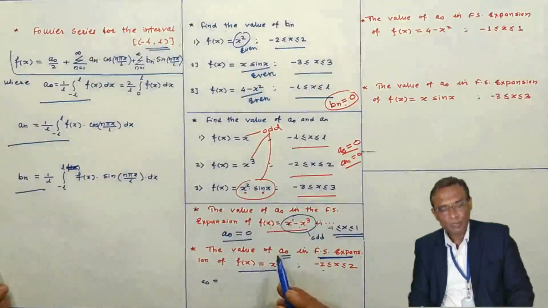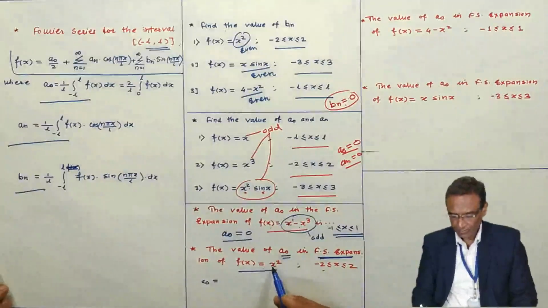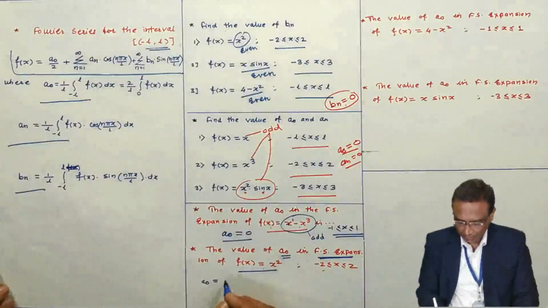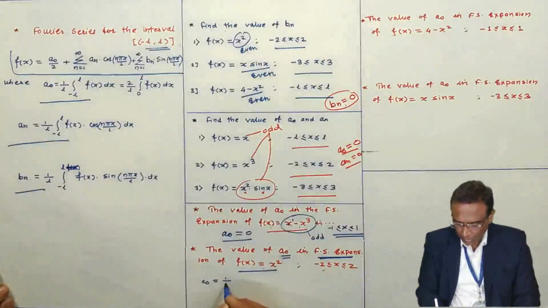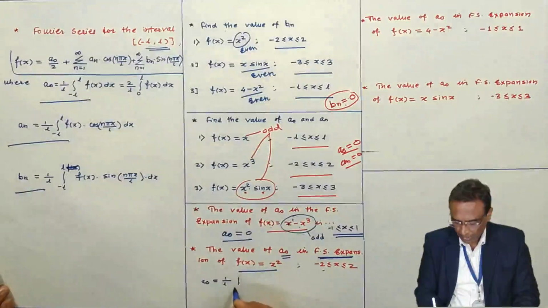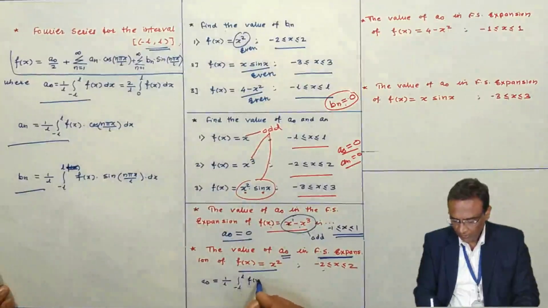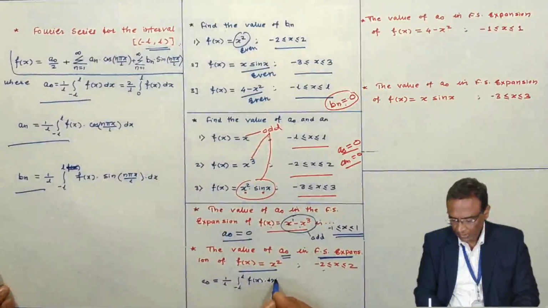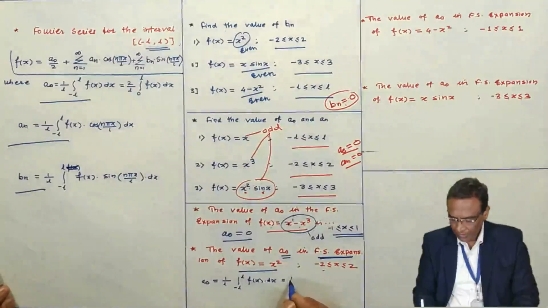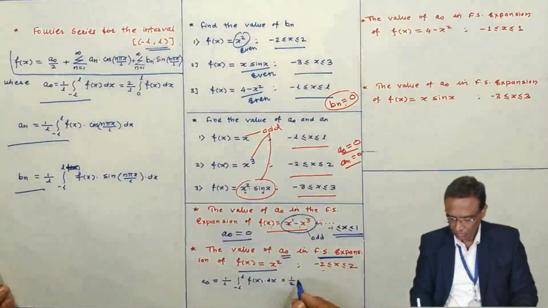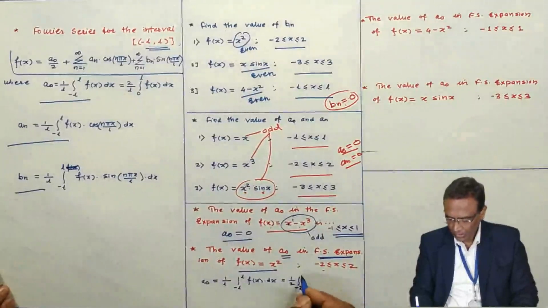A0 need not be 0, An need not be 0 when the function is even. A0 is 1 by L, integral from minus L to L of fx, we are integrating with respect to x. Here L is 2, and fx is x square.